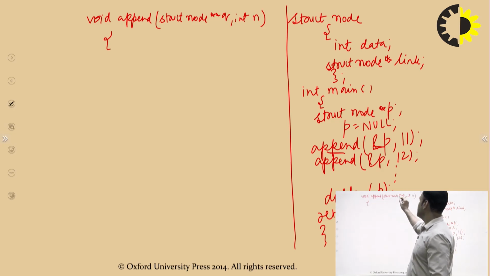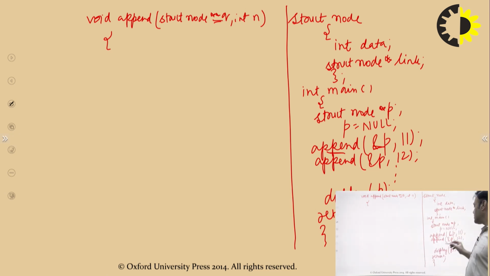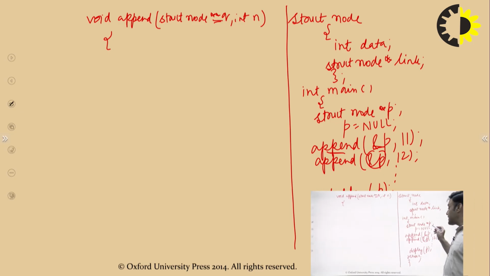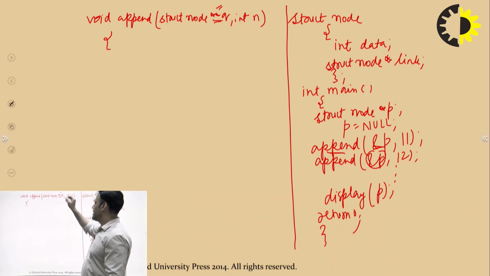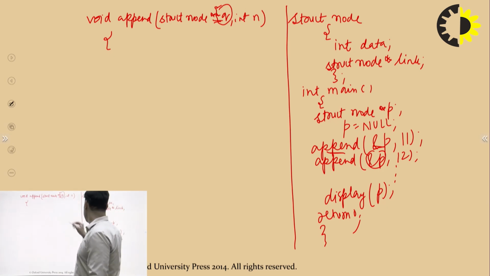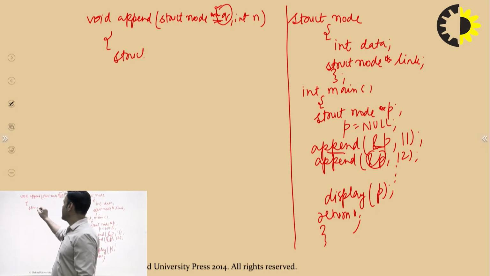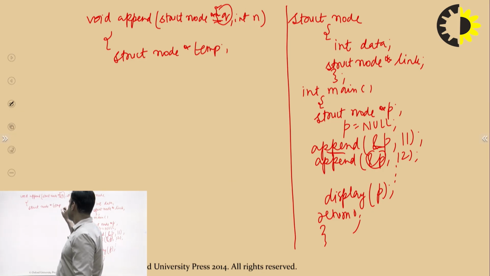This is a pointer to a pointer variable because I am going to keep the address of p. The address of a pointer variable will be kept by a pointer variable, so I have taken a double pointer here. This *q will be kept here, right? So I have taken a temporary node, struct node *temp. Okay, so I will check if *q is equal to NULL.